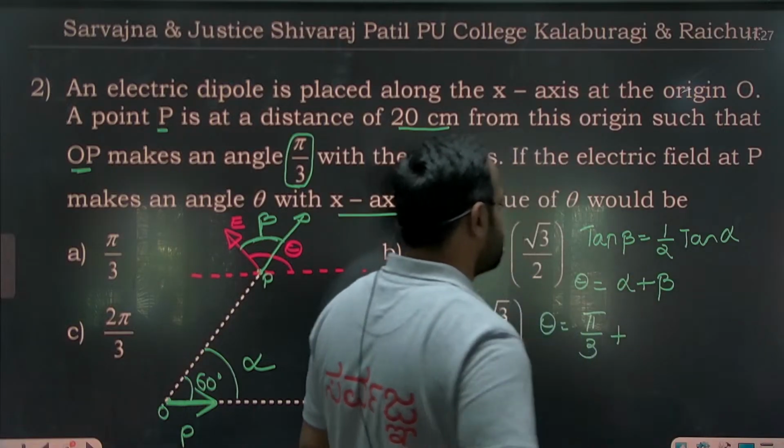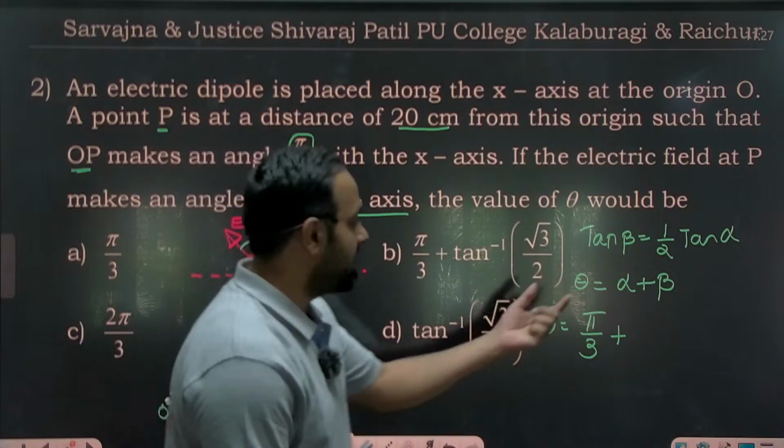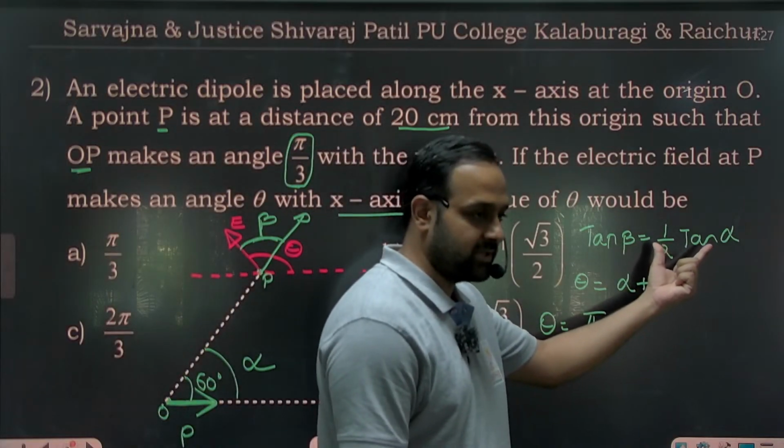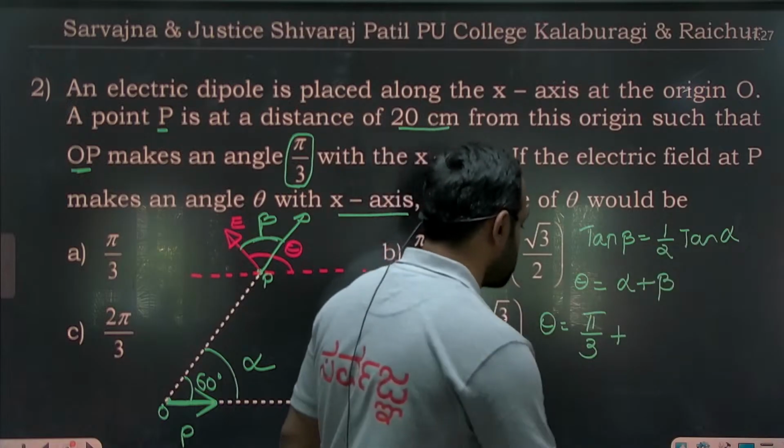How much is beta? Tan inverse of half of tan alpha. Tan alpha is root 3, so root 3 divided by 2.